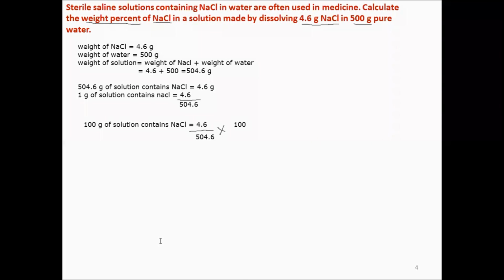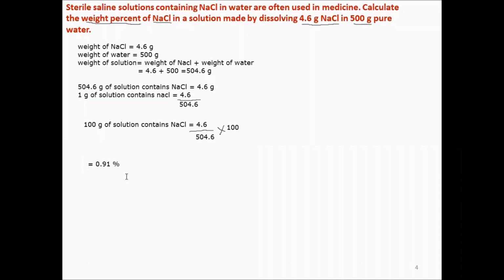So this is the amount of NaCl present per 100 gram of the solution. If you solve it, it will come out to be 0.91%. So that was what we had to calculate.